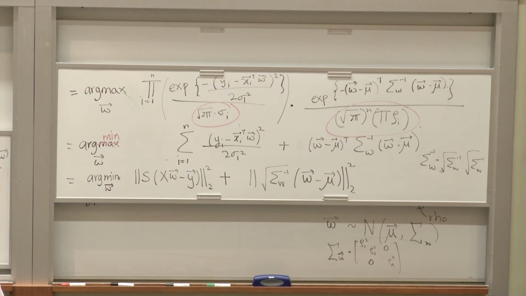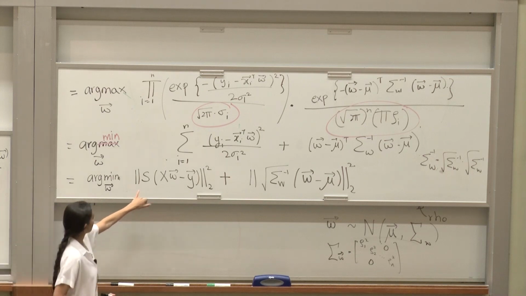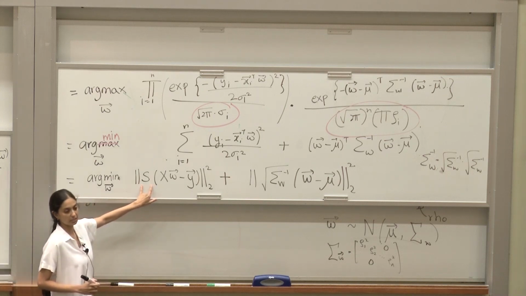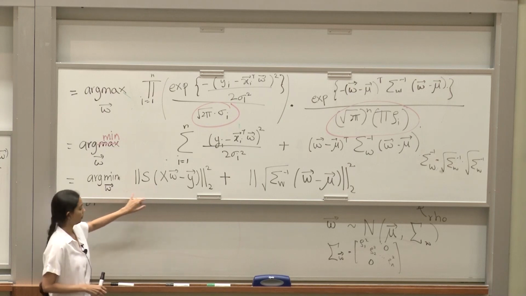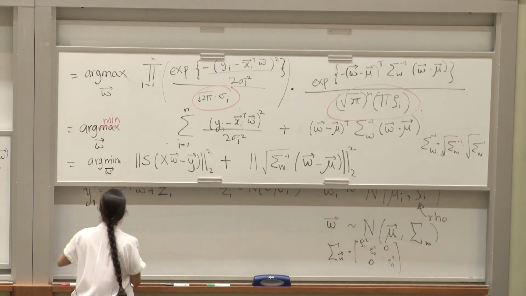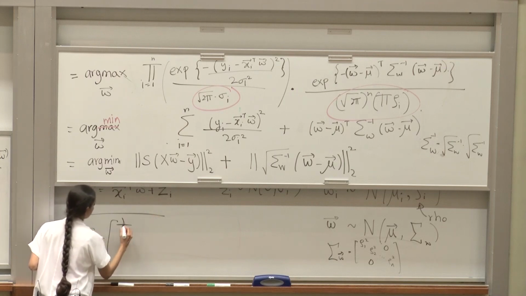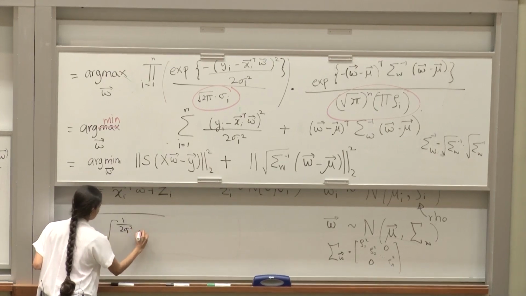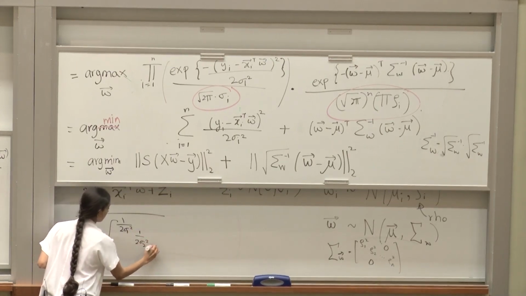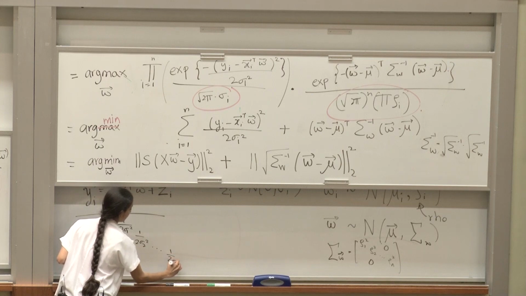Uh-huh. So S here, I'm thinking of these sigma i's as distinct. If they were all identical, then S would make no difference. But here I'm thinking of S as 1 over 2 sigma 1 squared, 1 over 2 sigma 2 squared, up to 1 over 2 sigma n squared.